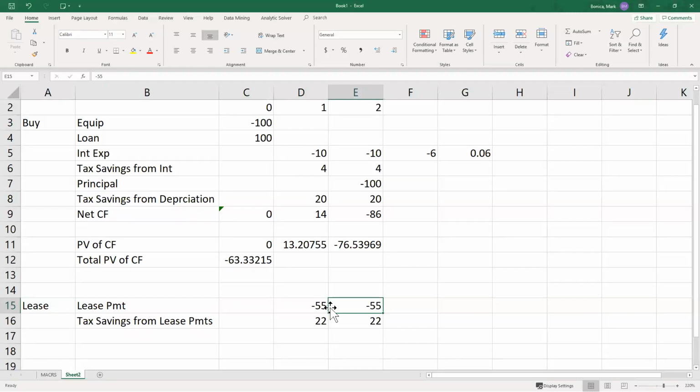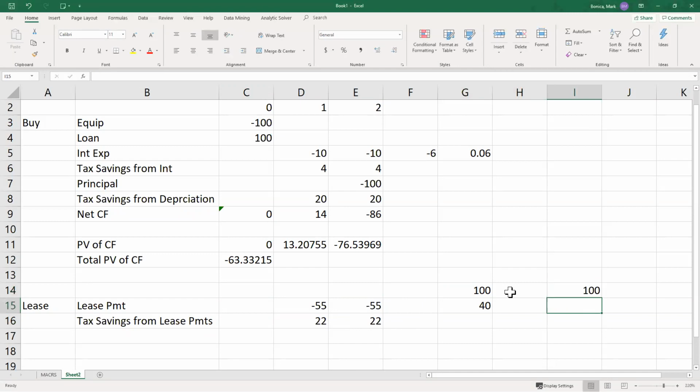So if your taxable income comes down by $55,000, then you're going to pay less taxes because your taxable income is lower, right? So if I had, say, $100,000 in income and I had a 40% tax rate, I would pay 0.4 times 100,000, which would be 40, right?